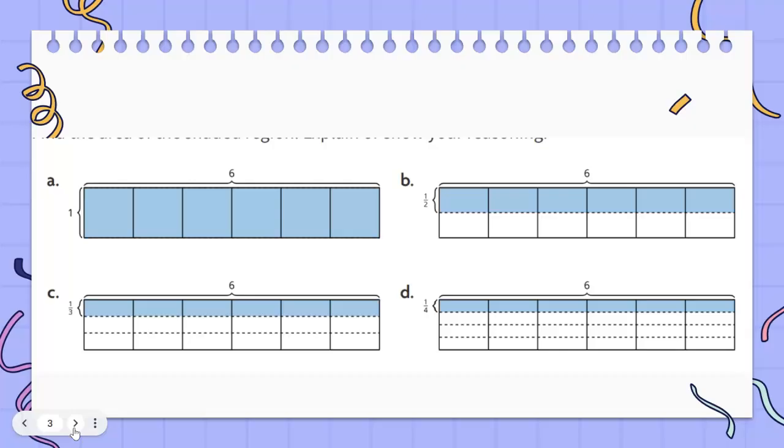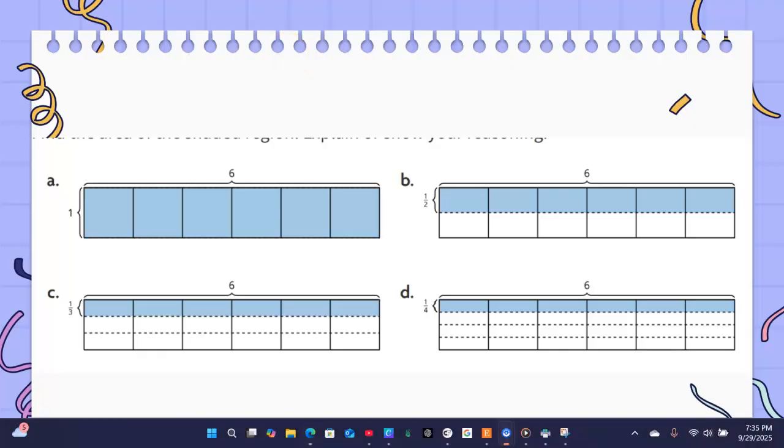All right, so we have four images here. Let's go ahead and break down what each of these images could equal. These brackets are very important, students, because this basically tells you what this equals. This area right here is one whole unit.